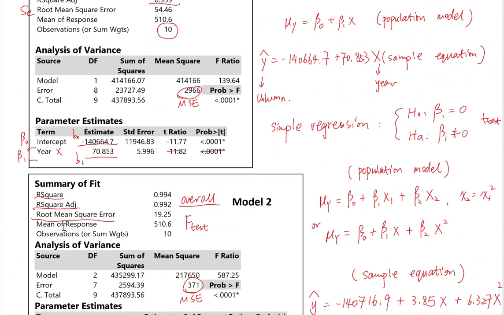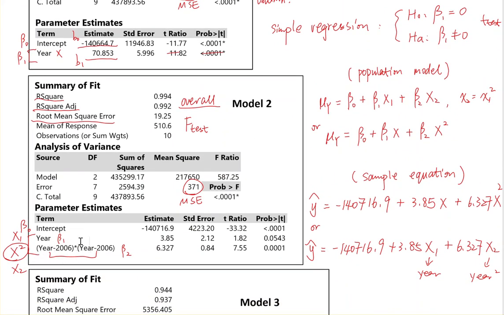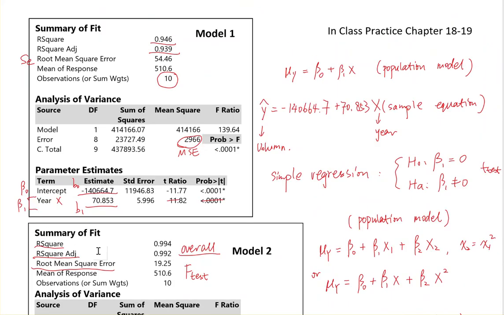Remember, the Model 2 has an additional term, right? We add another variable into this regression. That means theoretically the R-square will always be larger than the R-square in the simple regression, right?